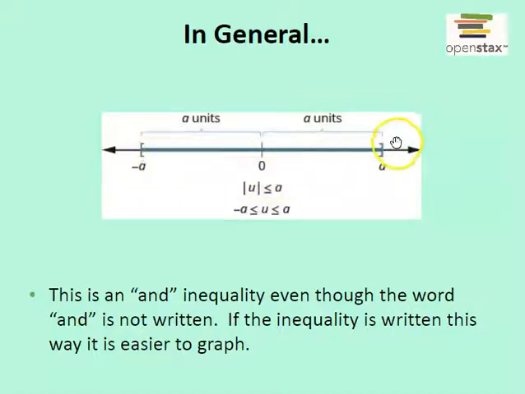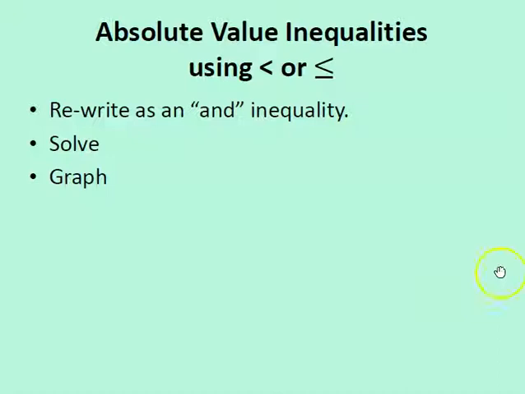It could be equal to those endpoints if we have the case where it is equal to, or if this was strictly less than, we would remove the endpoints and just use parentheses there. So again, remember this is an and inequality. Even though the word and is not there, the overlap has already been done for us. So anytime we have less than or equal to with an absolute value inequality, we're going to rewrite it as that and inequality. Then we will solve that compound inequality and graph the solution set.